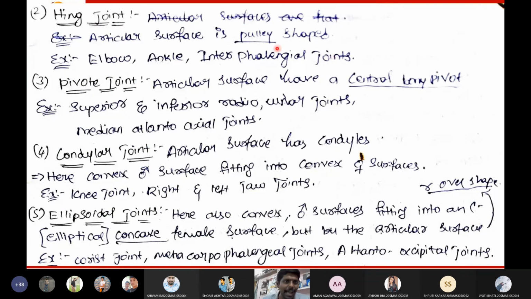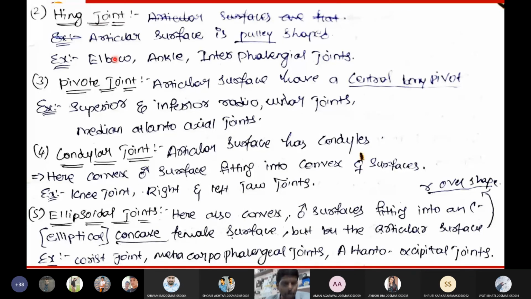The way I'm moving my hand like this, I have a joint called a hinge joint. Because of this hinge joint only, I am able to move my hand like this. So that is the example of a hinge joint.